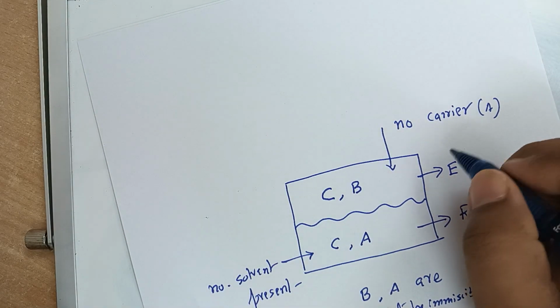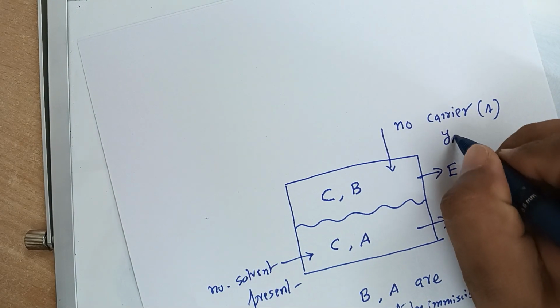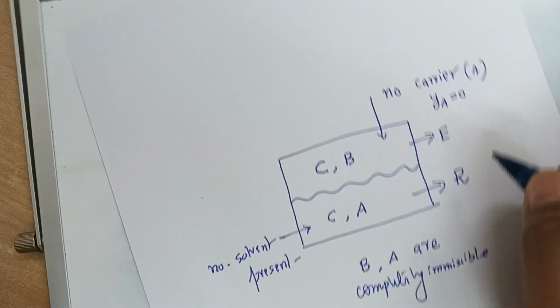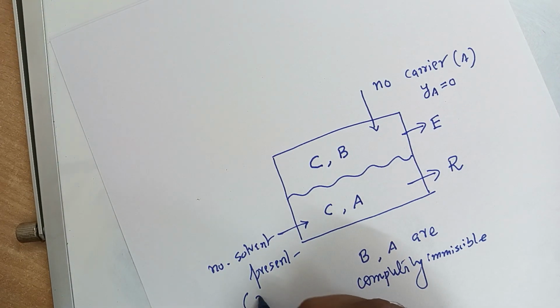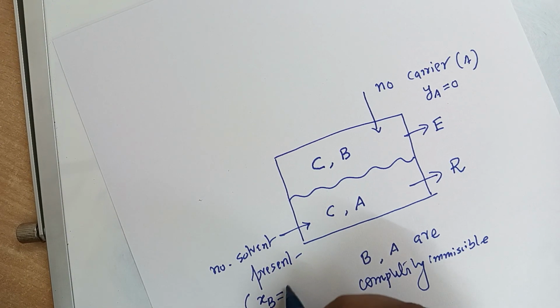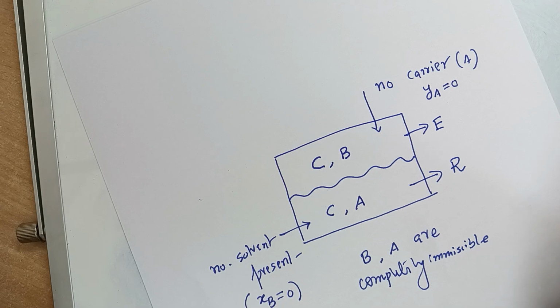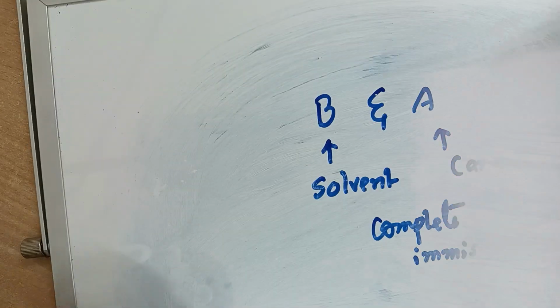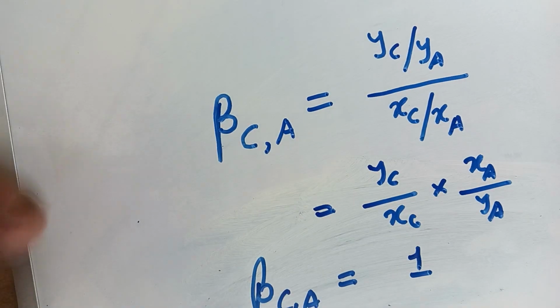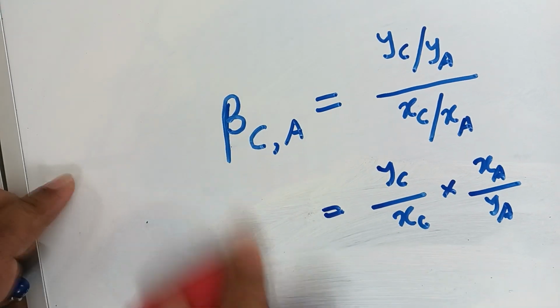So technically speaking, YA is going to be 0 and XB is going to be 0 over here. Now I already explained the mathematical formula for selectivity.